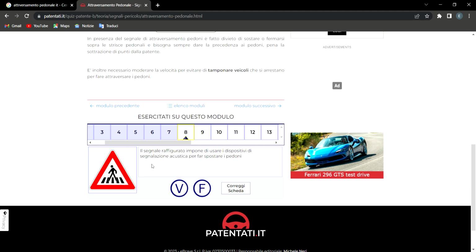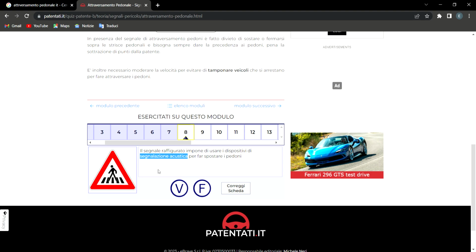Number 8 says: il segnale raffigurato impone di usare il dispositivo di segnalazione acustica. Now take note of this one. Segnalazione acustica is talking about the horn on your vehicle. It's simply saying that this sign advises the driver to always make use of the horn.